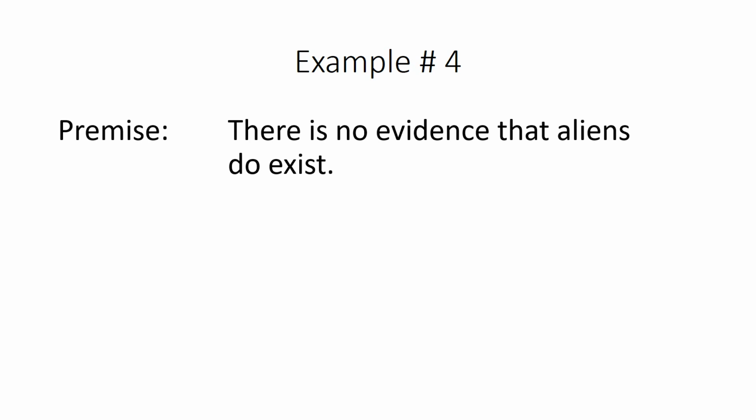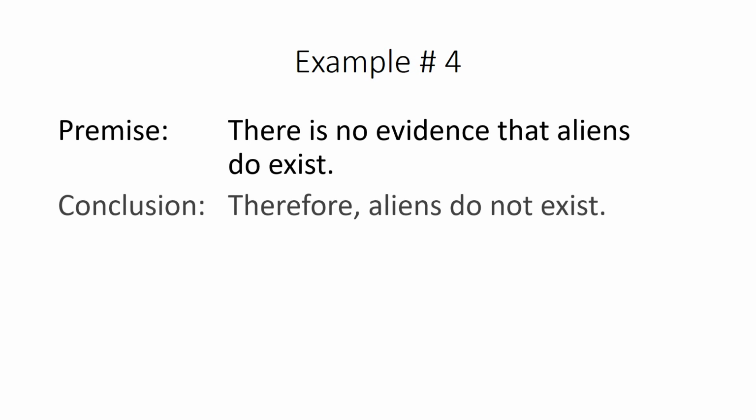But on the other hand, other people use this as well. The other argument, there is no evidence that aliens do exist. Therefore, aliens do not exist. Again, we don't know. There is no knowledge about this. So the question must be put aside until we can figure out whether there are aliens or not using evidence.